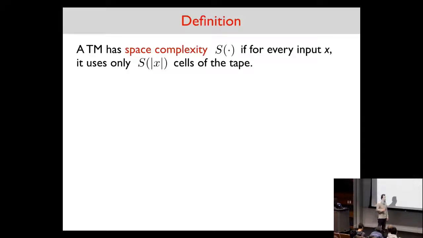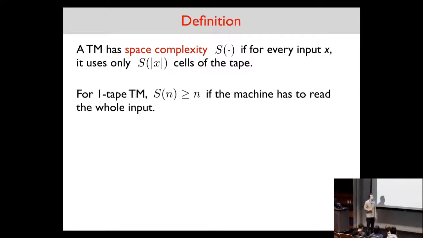Okay, so a Turing machine then we can say has space complexity S if for every input X it uses only S of the size of X cells of the tape. This is sort of the first kind of definition I gave you.